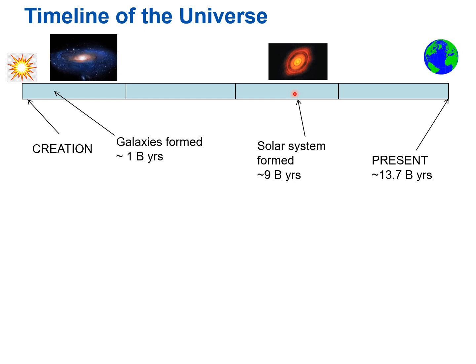But it took a several-billion-year process to get it ready. And so when the universe was about 9 billion years old, our solar system formed and the planets formed, and then about 4.5 billion years pass, and here we are today in the present, with the universe having an age of about 13.7 billion years.